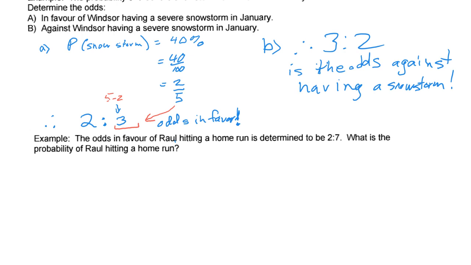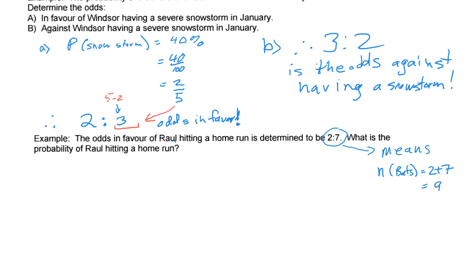So what does this really mean? This means that if I take those two numbers, I have to add them to get the number of bats that we have for Raul. So it's going to be 2 plus 7, which is equal to 9 bats, right?